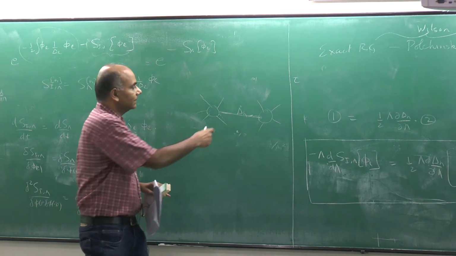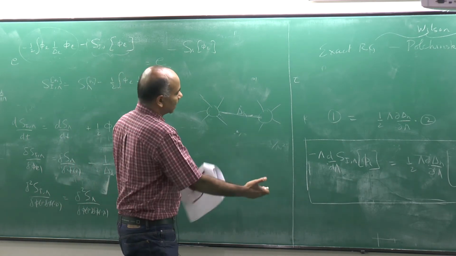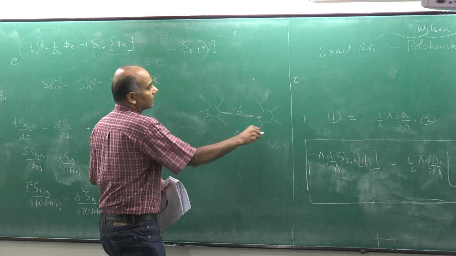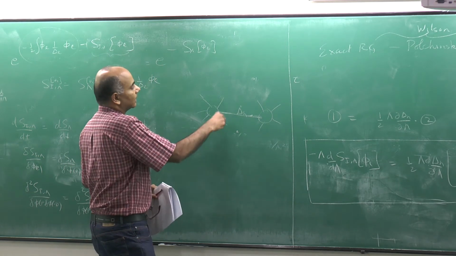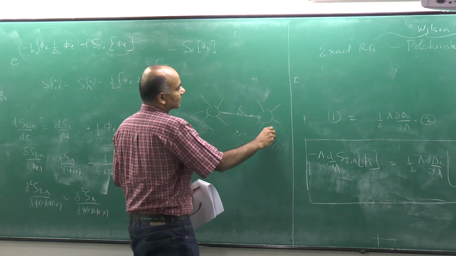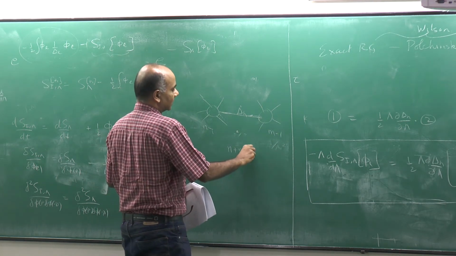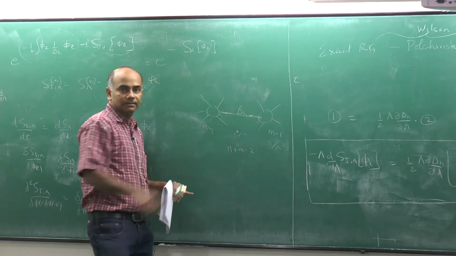It generates a new vertex which involves a higher point function. So this was an n point function, so this has n minus 1 free legs, and this has m minus 1 free legs. You will get an n plus m minus 2 point function.